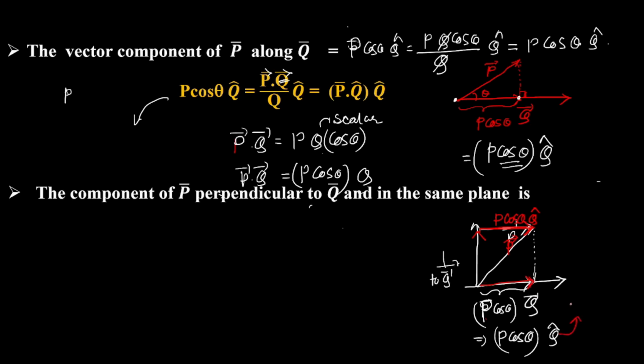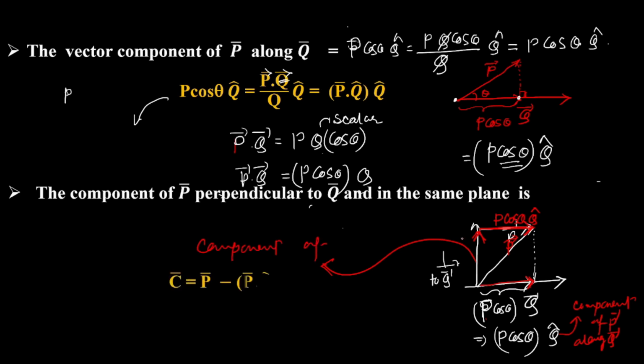This is the component of P along Q vector, but this is the component of P vector in a direction perpendicular to Q vector.